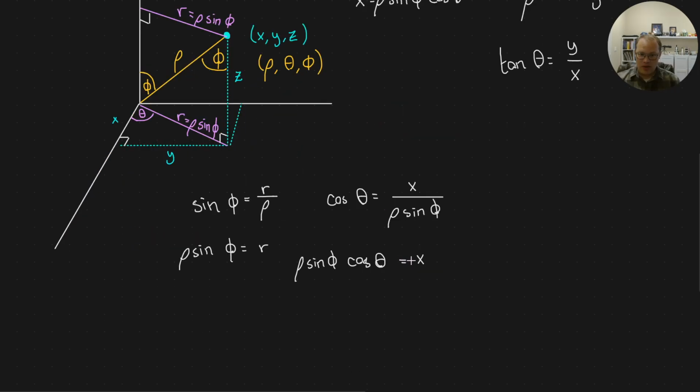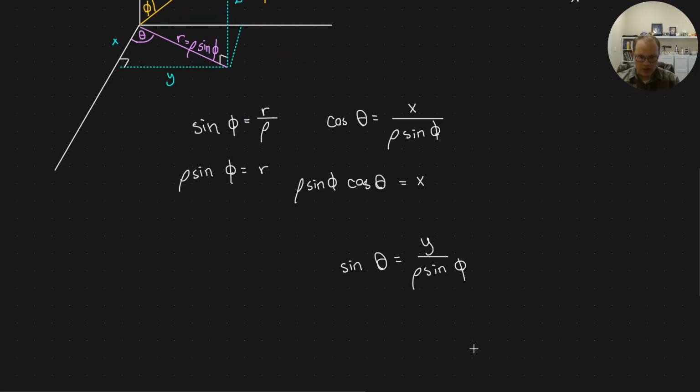Okay? I can do the same thing for y. So for y, using that theta there, opposite over hypotenuse, so that would be sine of theta. Sine of theta equals y over rho sine phi. If I multiply rho sine phi to the other side of the equation, I get rho sine phi sine theta equals y.